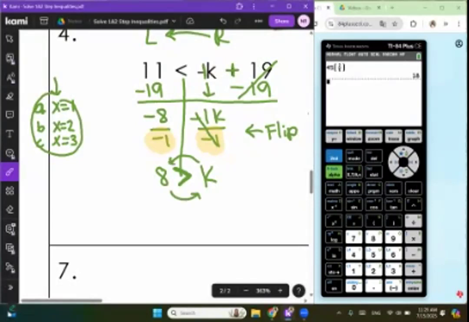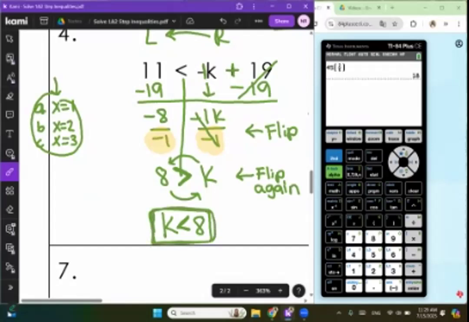Now, whenever we flip it again, we're going to flip it this time because we want this variable to be in the front. When we flip it again, guess what? Our symbol flips again as well. You're not always going to have a problem where you have to flip twice. Sometimes you're only going to have to flip once because of the way the answer is written.